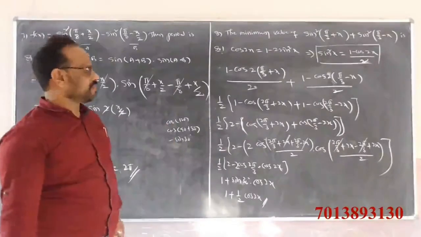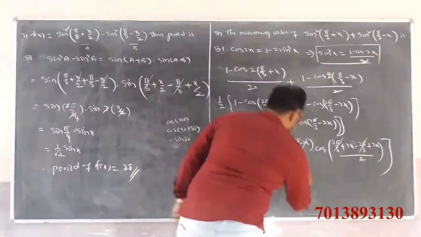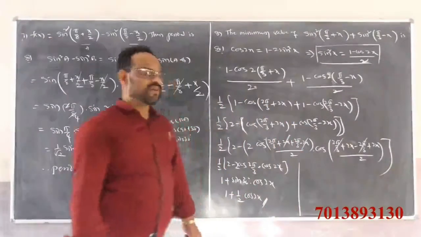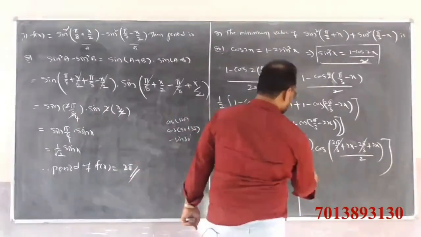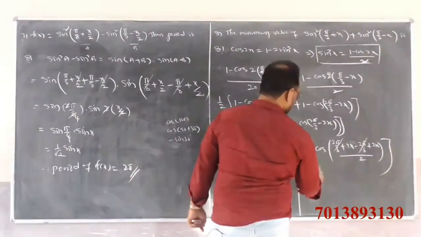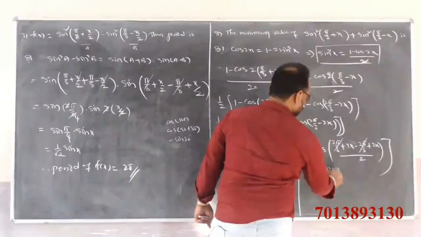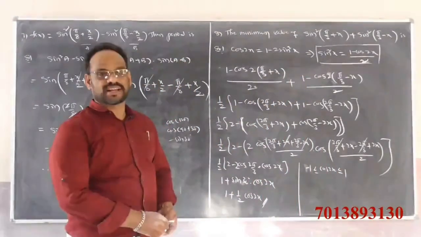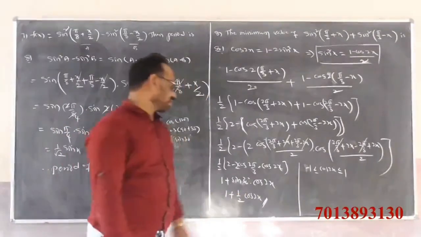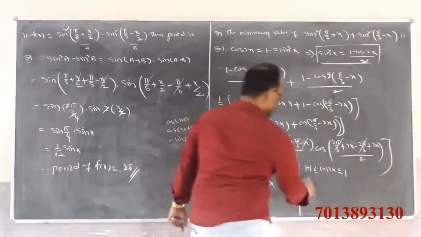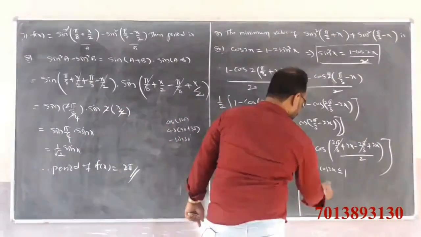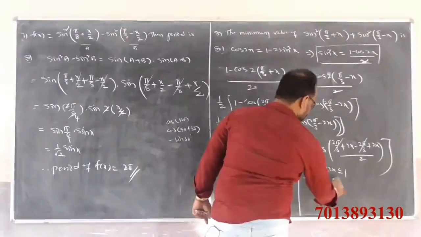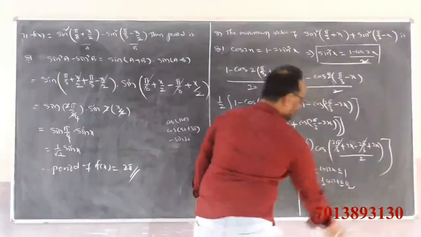We want the minimum value of this function. Already we know that the cos function always lies between minus 1 is less than or equals to cos 2x is less than or equals to 1. We want 1 by 2 times cos 2x, so multiplying both sides, we get minus 1 by 2 is less than or equals to 1 by 2 cos 2x is less than or equals to 1 by 2.